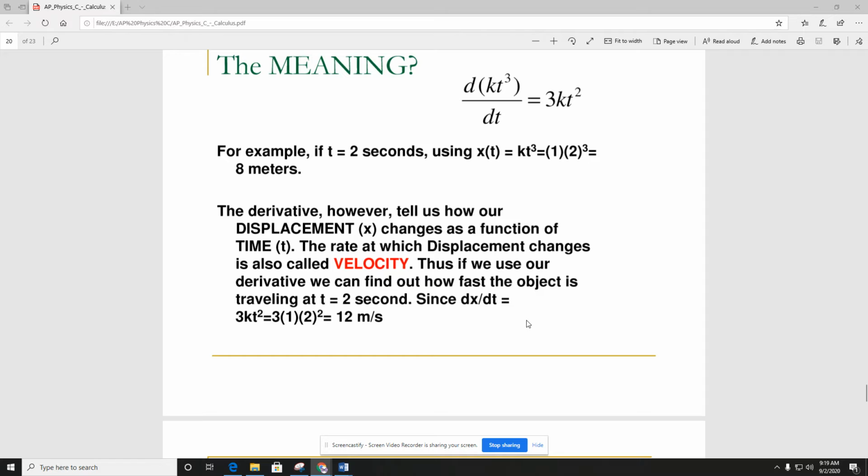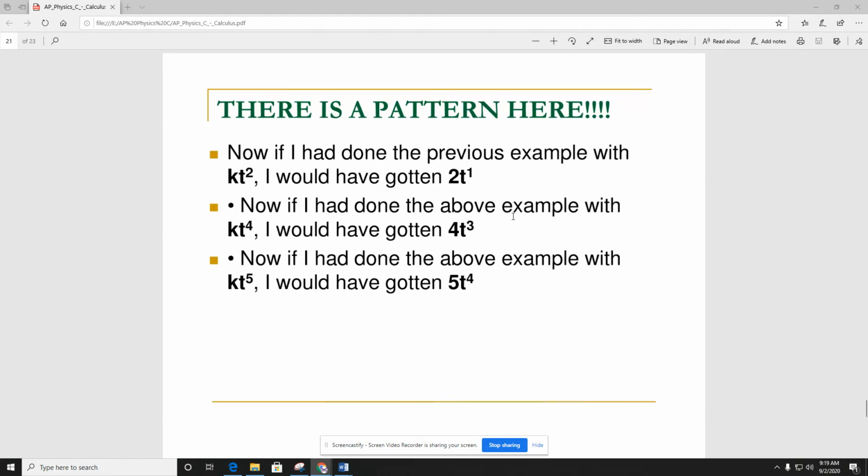So if we were looking at traveling at t equals 2 seconds, taking the derivative would tell us that this is 12 meters each second. That's the instantaneous velocity at time equals 2 seconds, okay? So let's look at the pattern, okay?